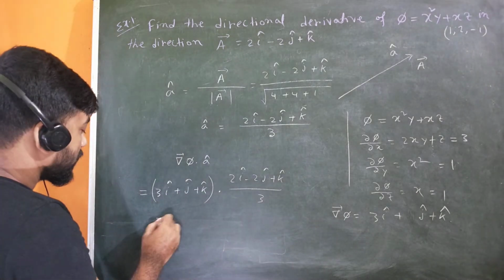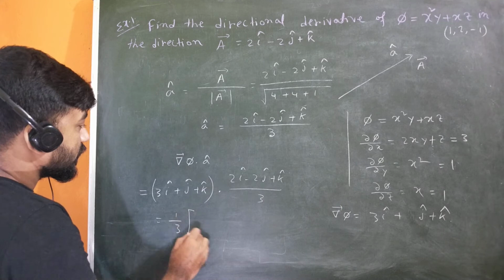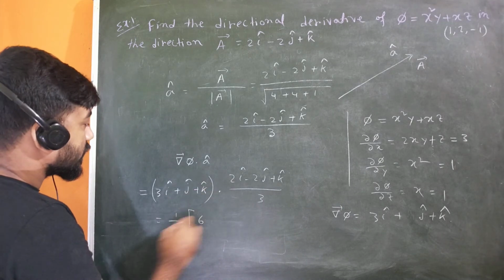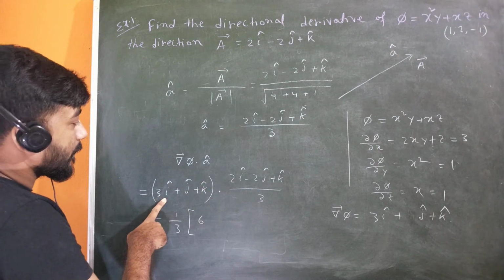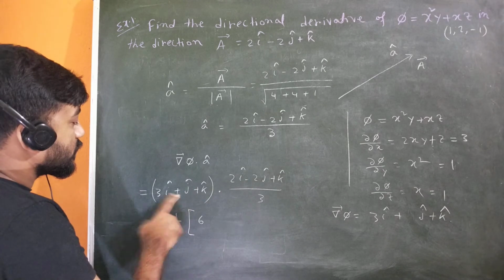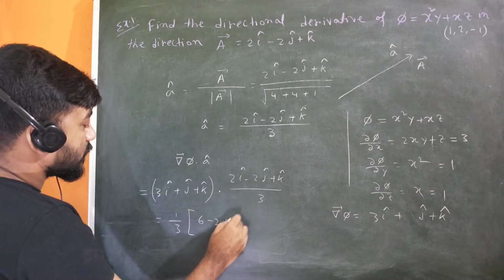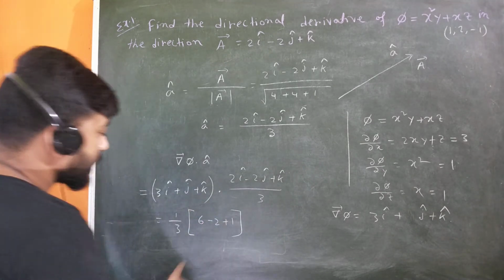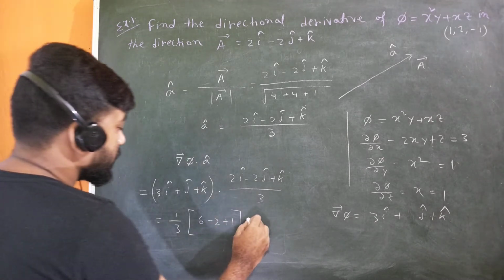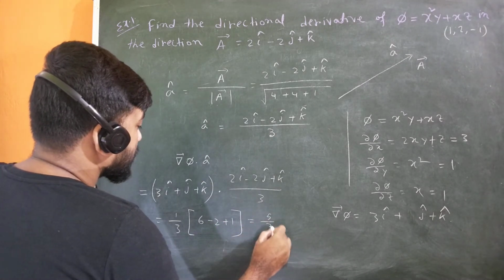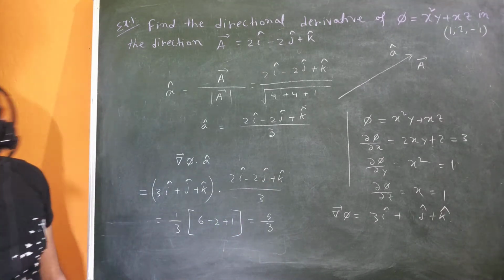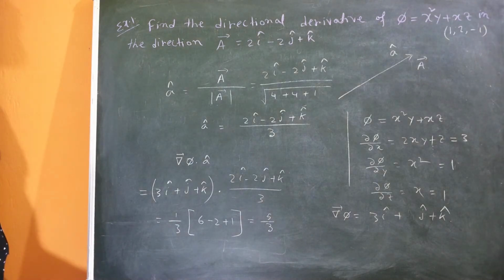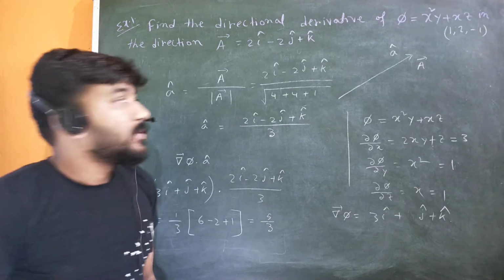I can take 1 by 3, and it will be 3 into 2, that is 6, and minus 2 into 1, that is minus 2, plus 1. So 6 plus 1 is 7, minus 2, that will be 5. So the answer will be 5 divided by 3. This is our directional derivative in the direction of a cap, that is vector a.